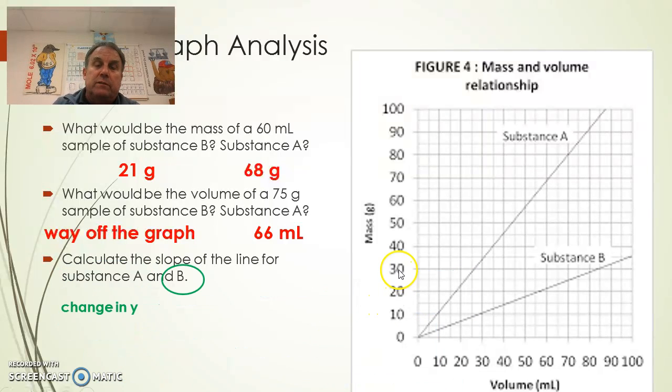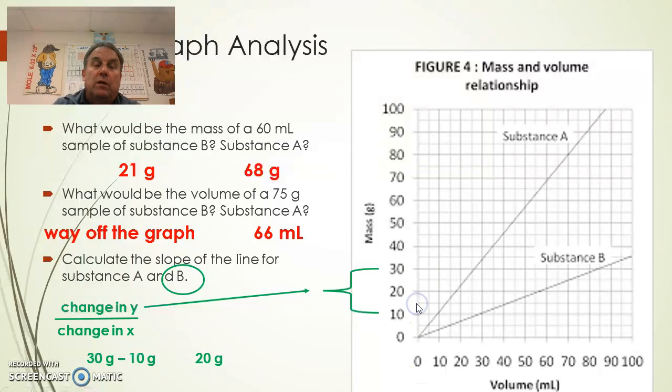Change in y, let's use the same 2 data points. 30 minus 10. So for every 20 gram change in substance B, we can see there's quite a bigger change in volume. Okay? So it takes a lot more of substance B to change its volume. So if we trace 30 down and 10 down, we can see that there's a much bigger change in volume.